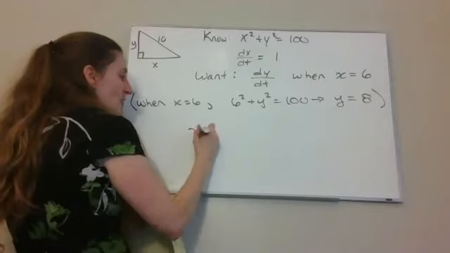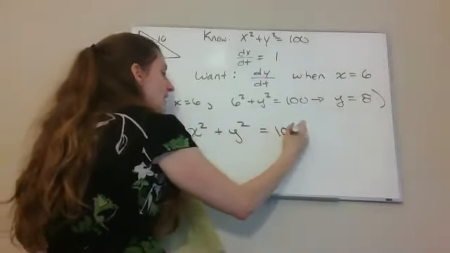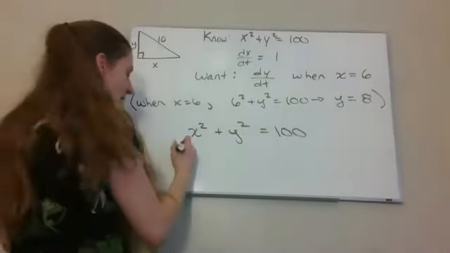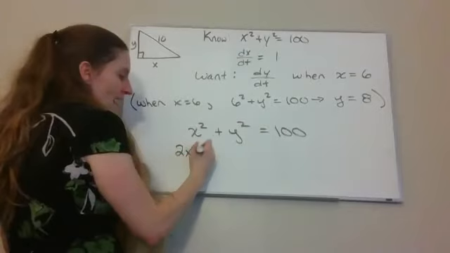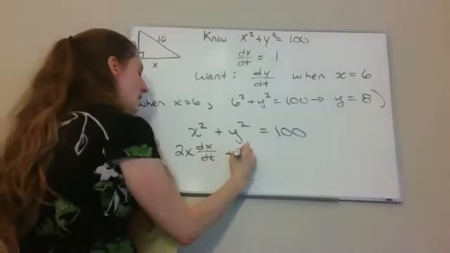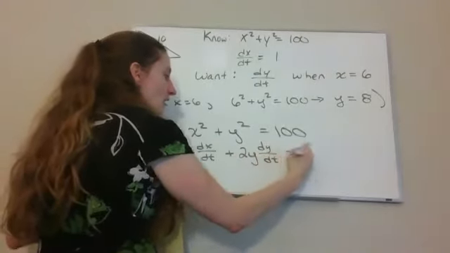Take your equation that relates everything and take a derivative of both sides with respect to t. I get 2x dx dt plus 2y dy dt equals 0.